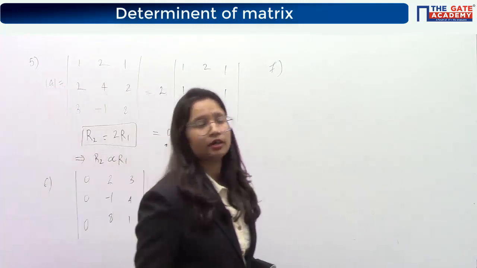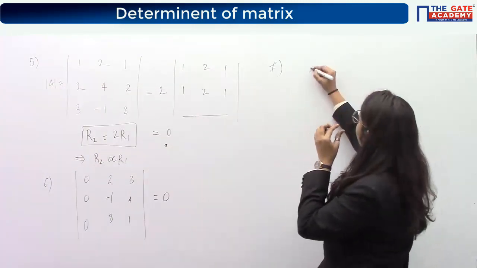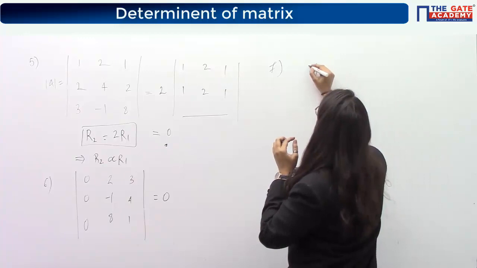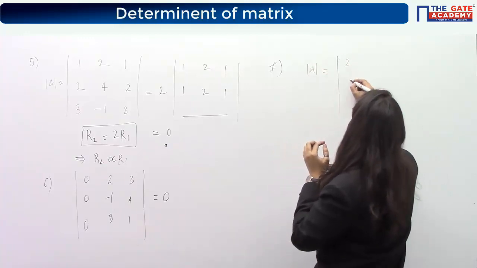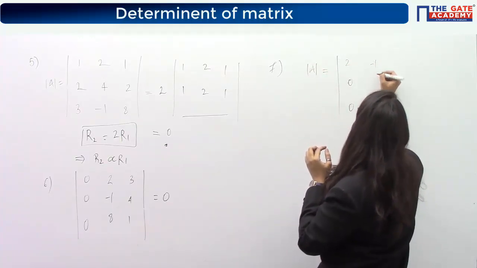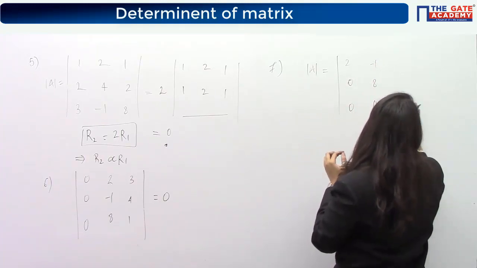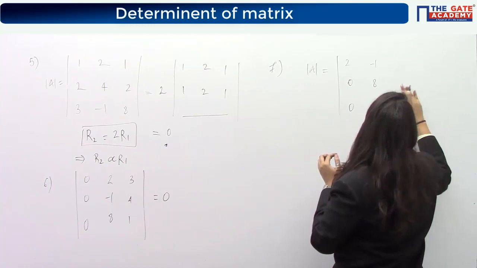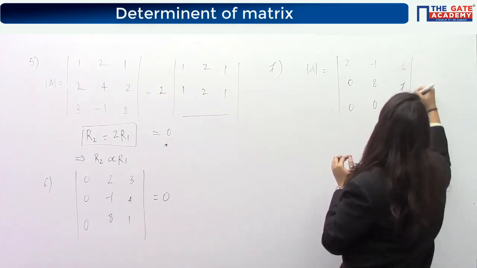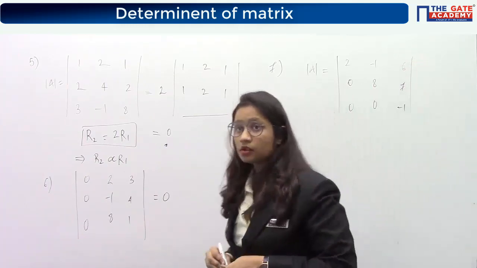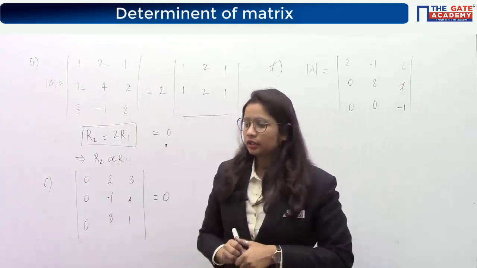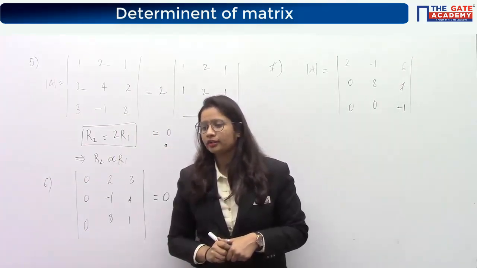7th one, important property. Seventh one, determinant of upper and lower triangular matrix.